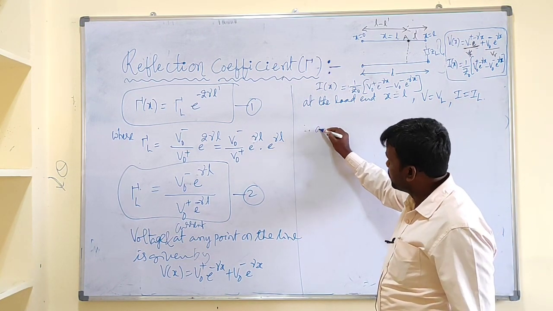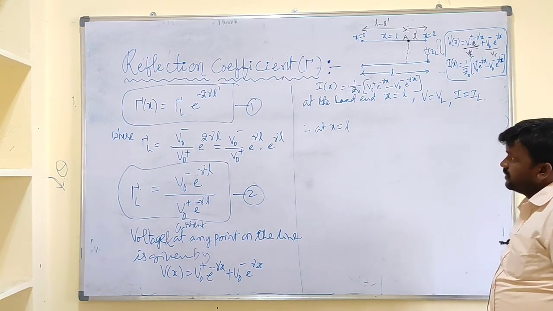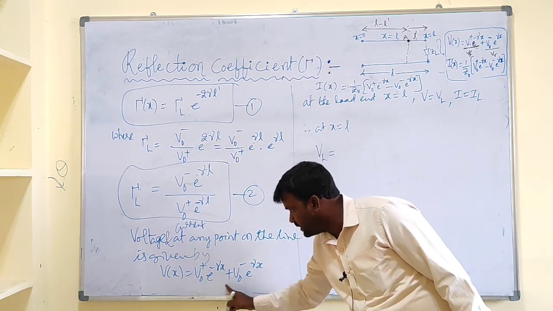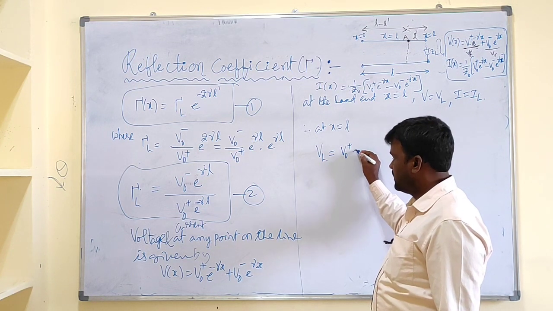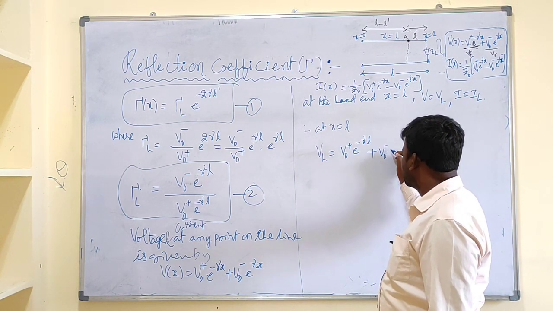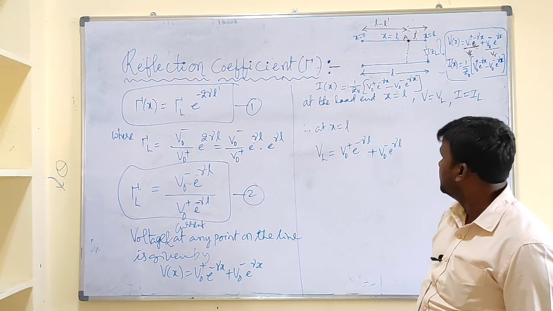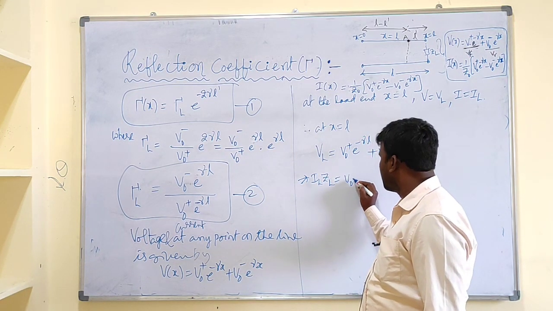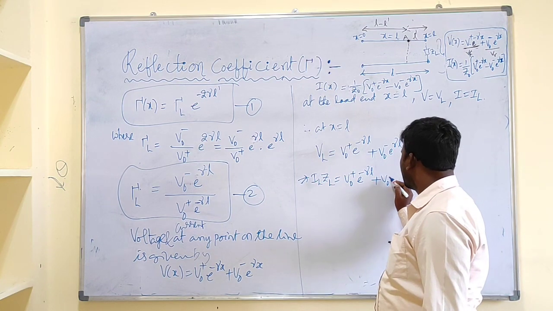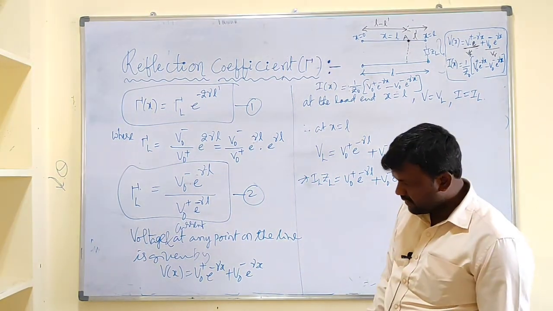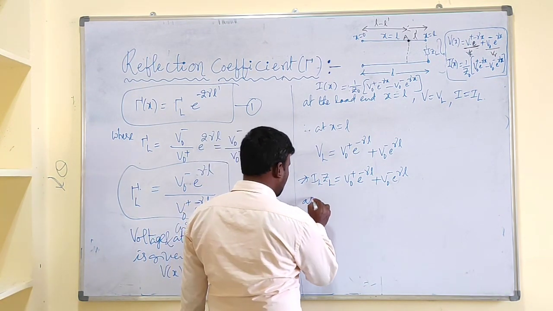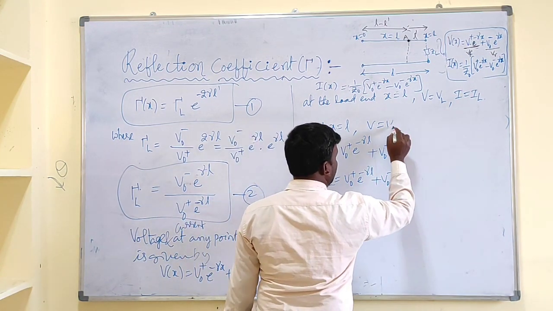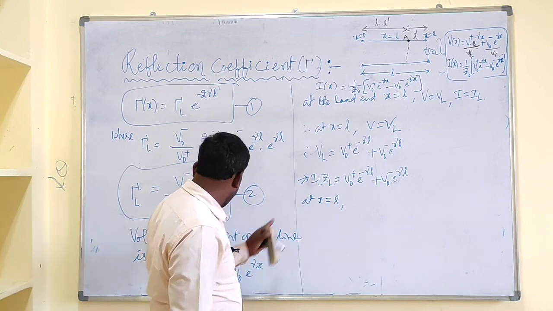Therefore, at x equal to L, VL equals, substituting x equal to L in this expression, V naught plus e to the power minus gamma L plus V naught minus e to the power gamma L. But VL equals IL into ZL, so IL into ZL equals V naught plus e to the power minus gamma L plus V naught minus e to the power gamma L.